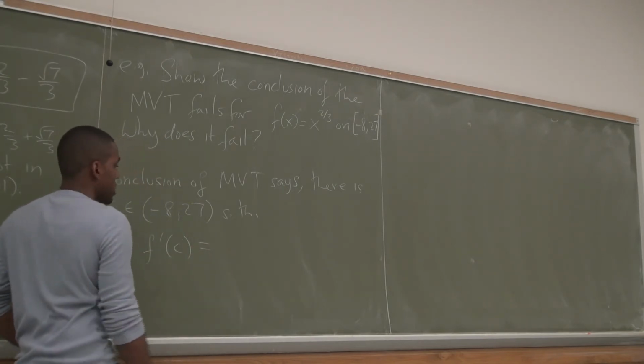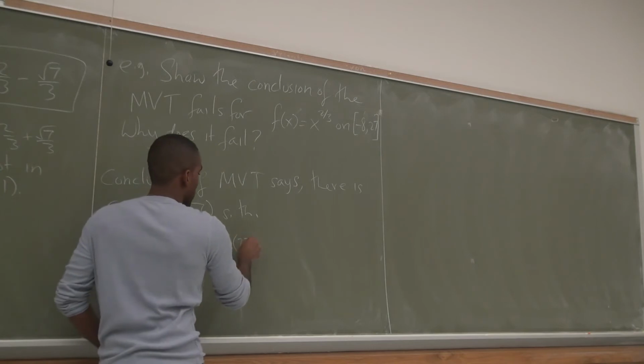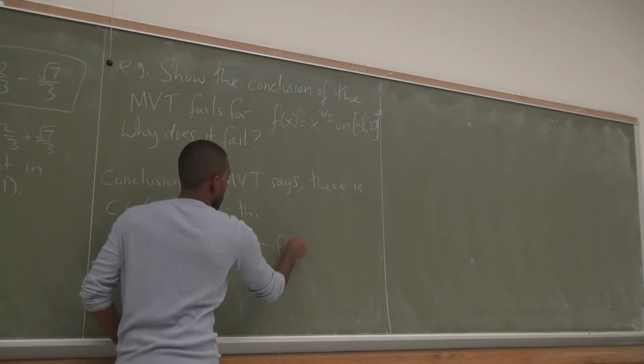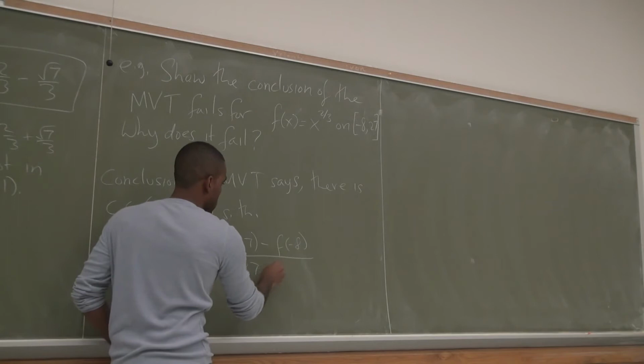F prime of c should be equal to f of 27 minus f of minus 8 over 27 minus minus 8.